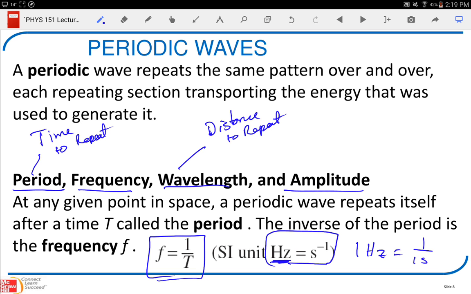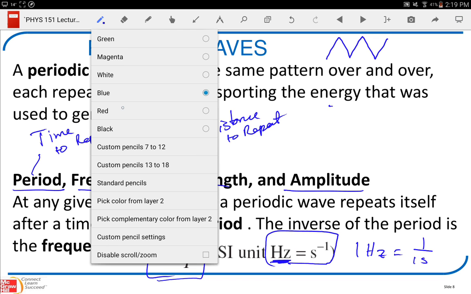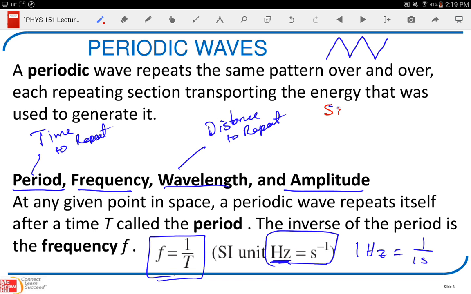Now, waves can have all kinds of shapes. For instance, you could have a wave that is shaped like this. It exists. We can make them. We're not going to discuss them in physics class. What we will only talk about is simple harmonic waves.